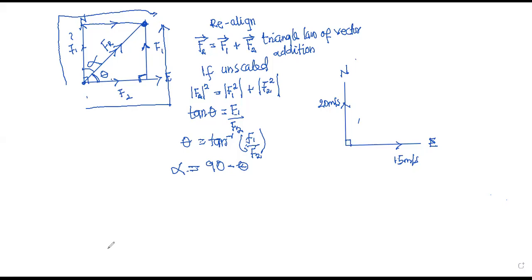So I'm going to realign their directions by creating equal vectors. So I'm placing this velocity of 20 on the head of the 15 one. I'm drawing an equal vector; the magnitude and direction must be the same. I can also put this one on the head of the 20.